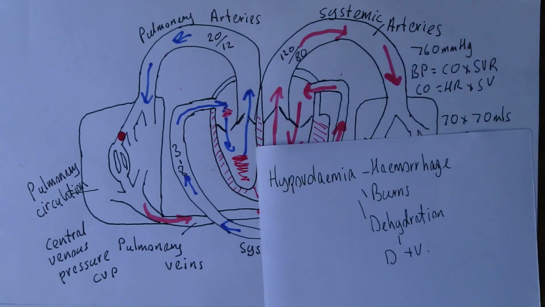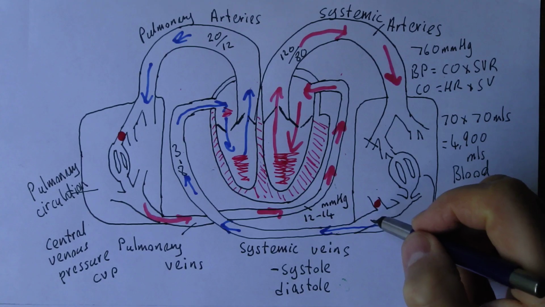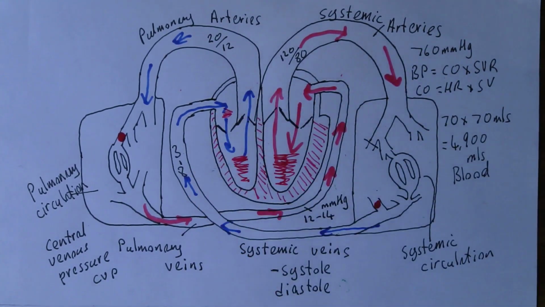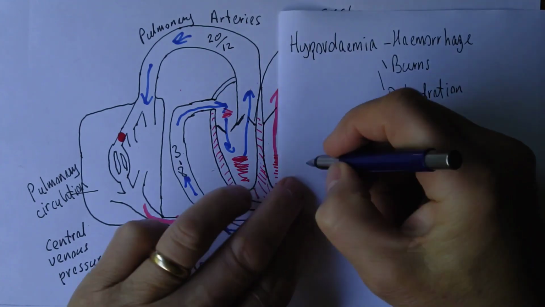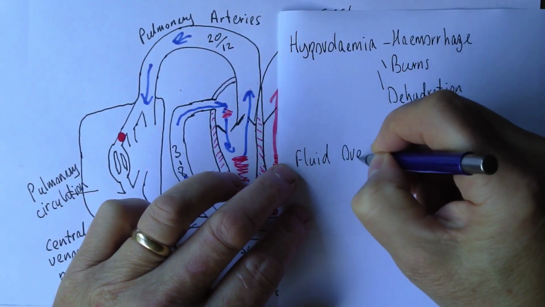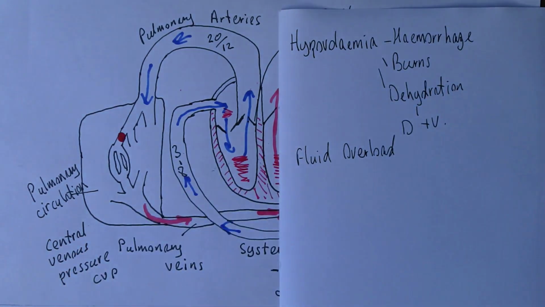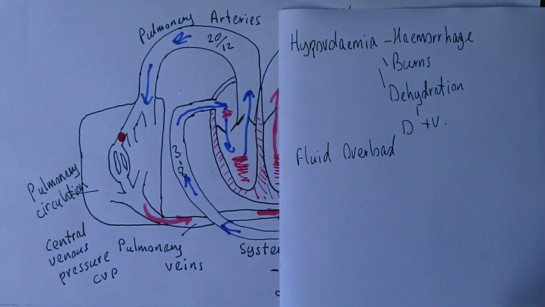If you think about it, when we give intravenous fluids, those fluids are going into the systemic veins. The veins in the arm are systemic veins. And if we give too much, that can lead to fluid overload, where there's too much fluid in the veins and we can get an increase in systemic venous pressure due to fluid overload.